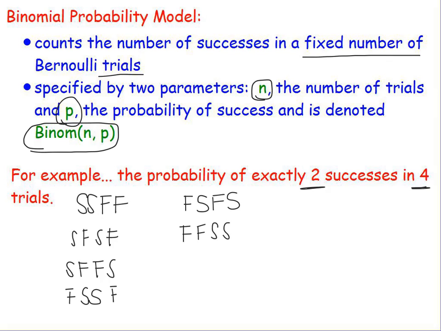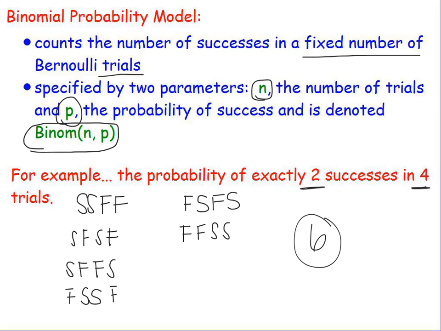Now, I don't expect you to know all of these possibilities, but for 4 trials and 2 successes, there's technically 6 different options that we have possible. So with these specific models, we have to have a way of quickly and easily calculating how many possibilities there are, because there were 6 possibilities here.